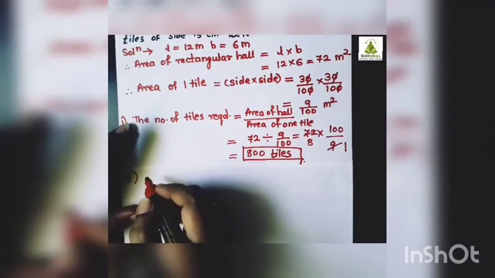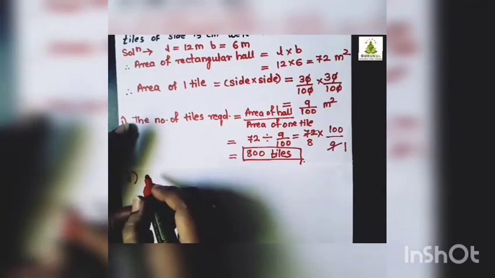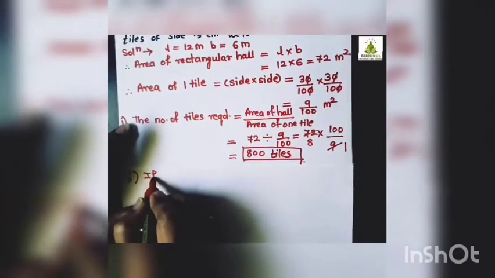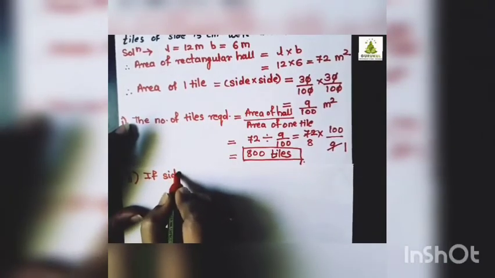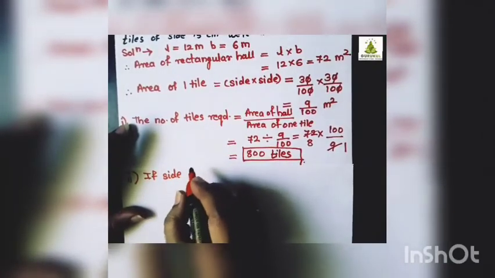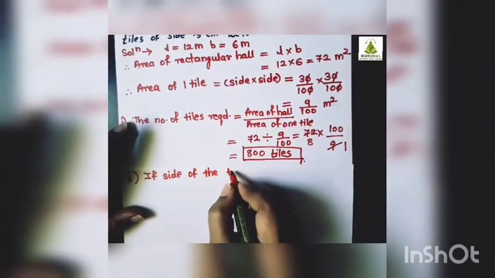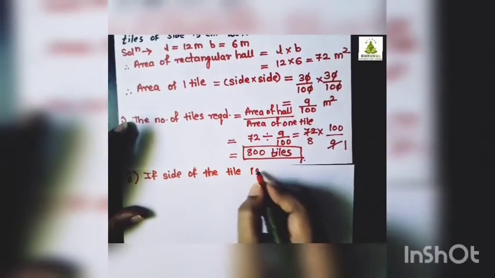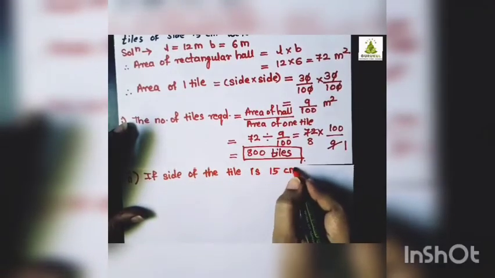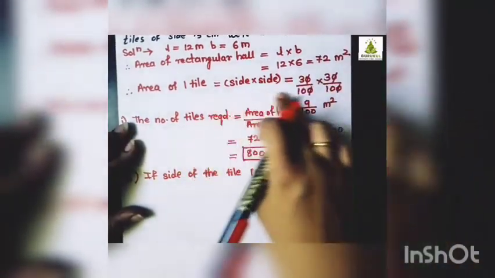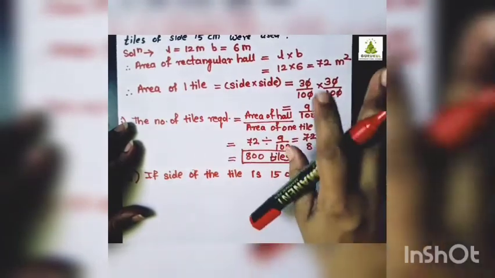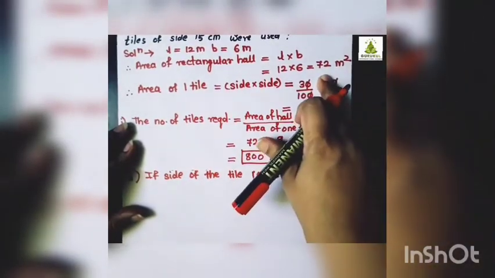Therefore, if the side of the tile is 15 centimeters, we will not perform this method again, because that answer will be constant, 72 meter square.